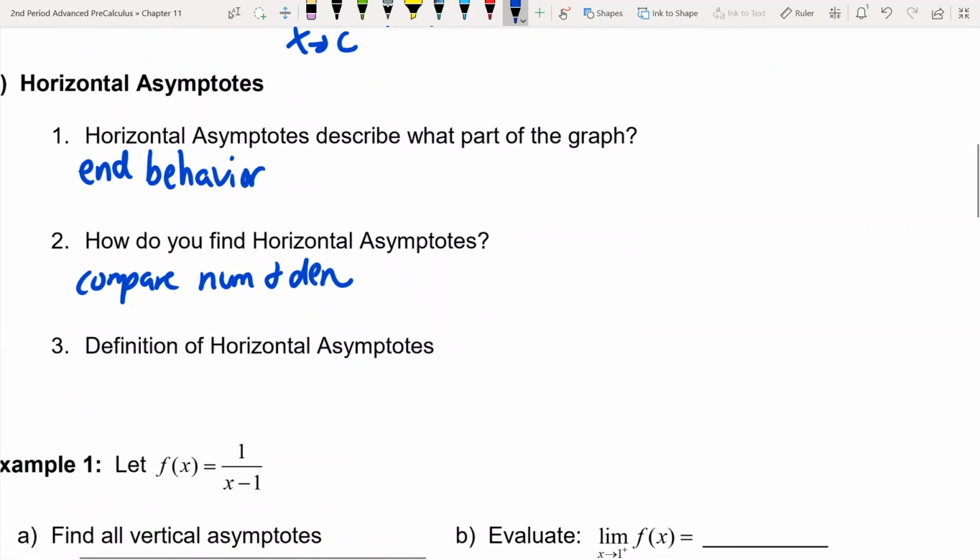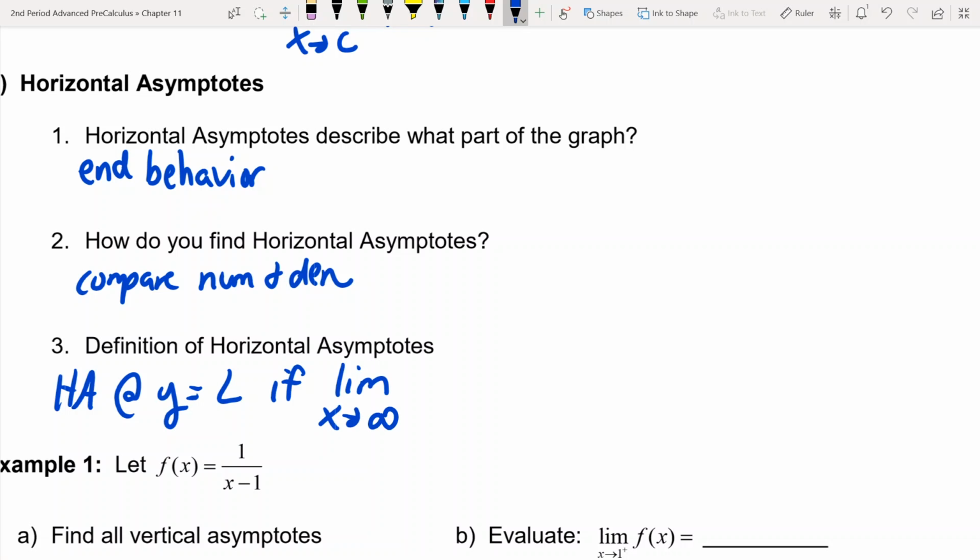And the definition of a horizontal asymptote is you get a horizontal asymptote at y equaling L if the limit as x approaches infinity of f of x equals L. As you go off to infinity, and it could be plus or minus, going in each direction, you're going to have a horizontal asymptote.